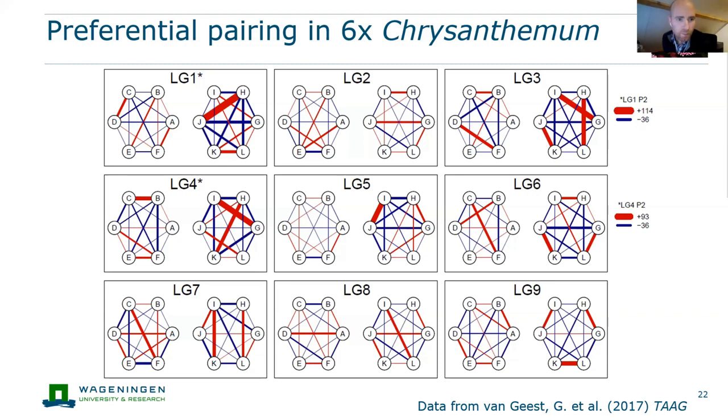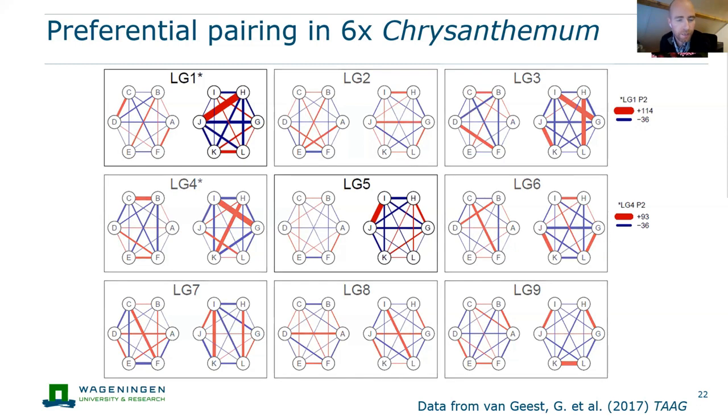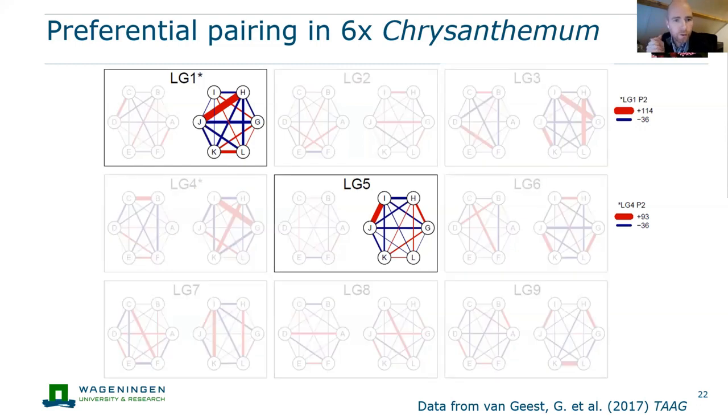The letters A, B, C, D, E, F would be the 6 copies of linkage group 1, so that's the mother, and then the second set I, J, K, and so on are the 6 copies in the father. In linkage groups 1 and 5, we found a very strong preferential pairing between 2 of those homologs. This meant that in many more meioses than you would expect by chance, homologs J and H were pairing and recombining with each other.